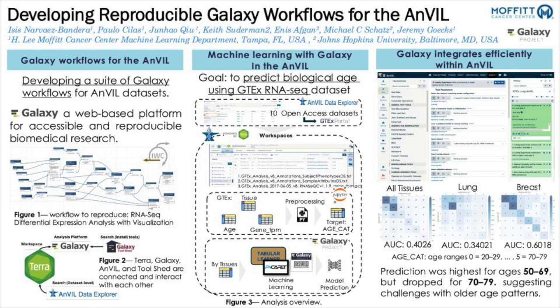The breast model performed best with an AUC of 0.60, while the other models dropped in accuracy, suggesting gene expression variability with age. Overall, our work shows that Galaxy integrates efficiently within AnVIL. Thank you.